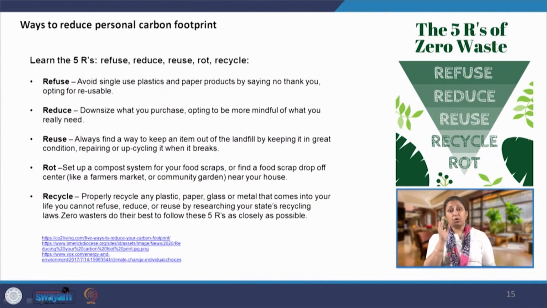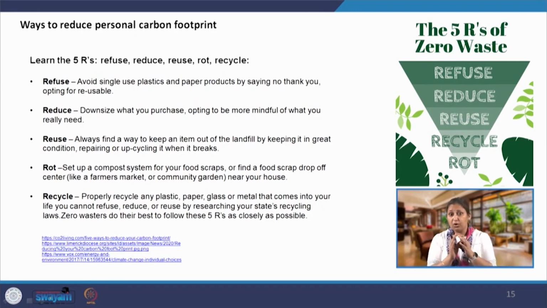So, we always have to find a way to keep reusing the items. I am very proud of the fact that in India we have this inherent habit, and we had it for a long time, though now we are getting influenced by a lot of cultures across the world and we are refusing to reuse the product. But earlier we would reuse the product till it is an absolute waste, and we would continue to reuse it in different forms.